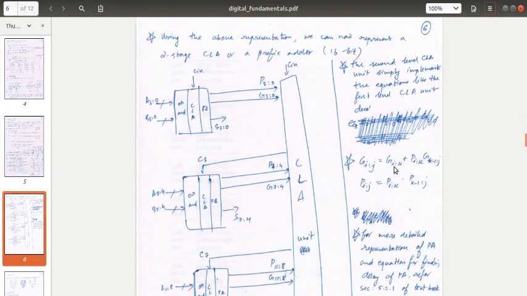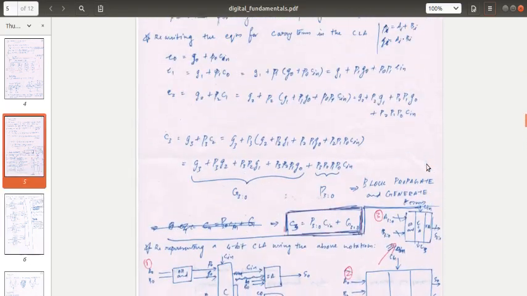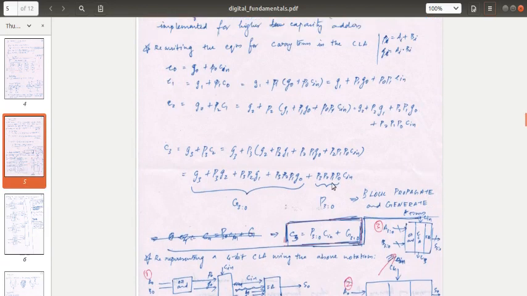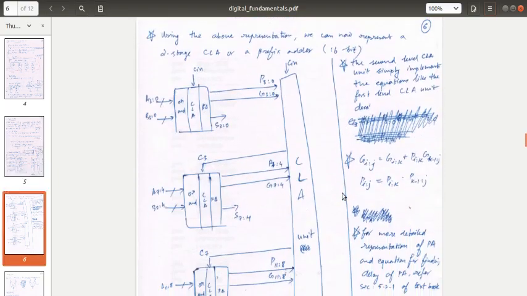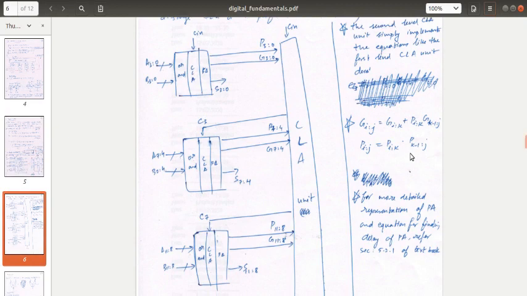That is what is written here: G of i to j equal to G of i to k plus P of i to k and G of k minus 1 to j. Just splitting that. And similarly, this part P of 3 to 0 can be rewritten as P of 3 and some other term. That is what is written here: P of i to j equal to P of i to k and P of k minus 1 to j. Just rewriting this.